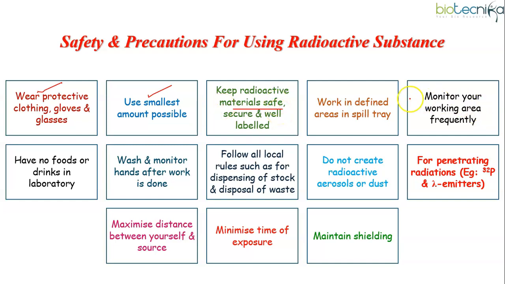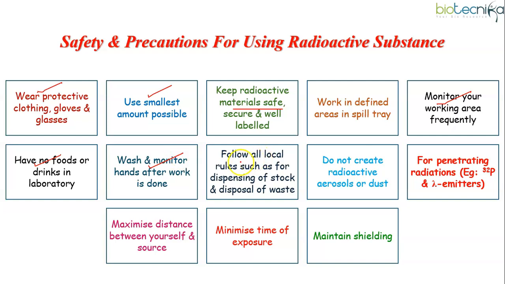Researchers working with radioisotopes or substances which emit ionizing radiations have to work in defined areas and spill trays. They have to monitor their working area frequently. There should be no drinking or eating allowed in the laboratory. The workers should wash and monitor hands after work is done.